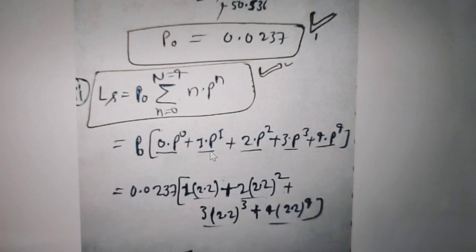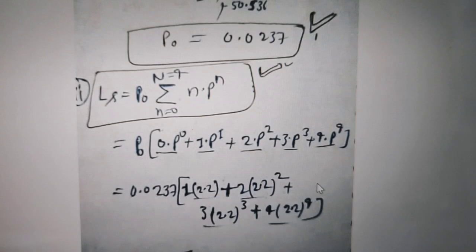Then 1 is multiplied by 2.2, 2 is multiplied by 2.2 to the power 2, 3 by 2.2 to the power 3, and 4 by 2.2 to the power 4.